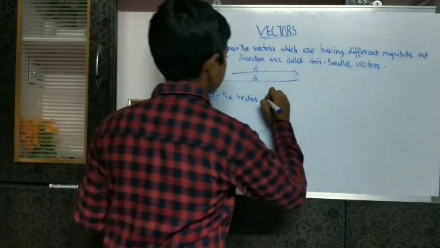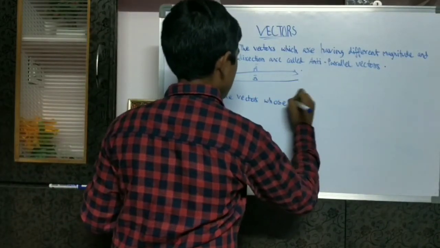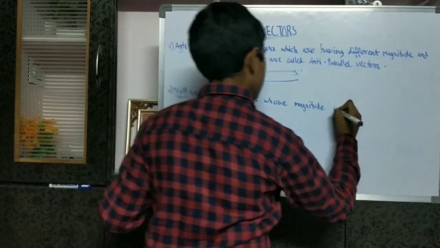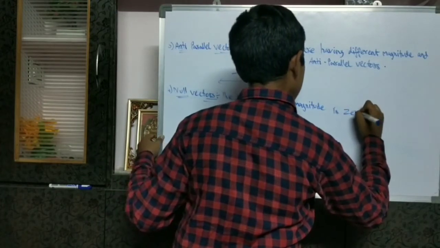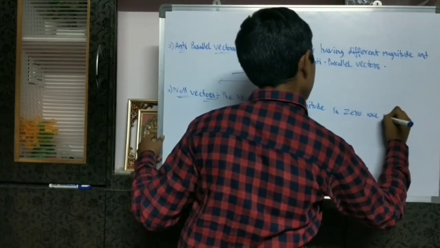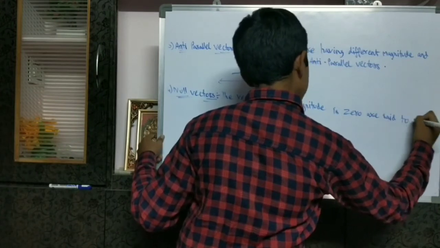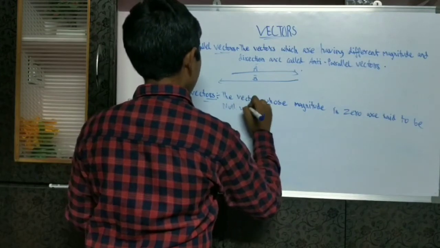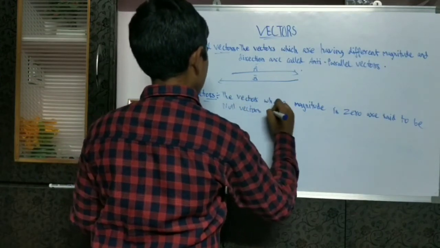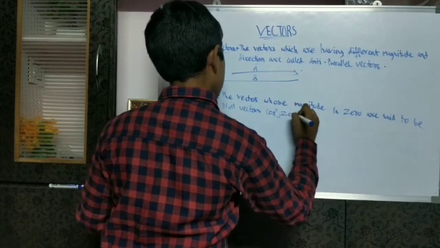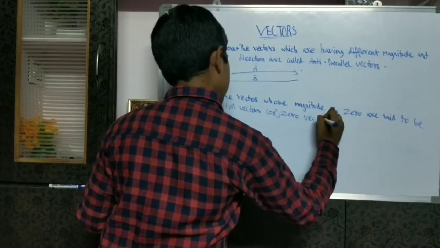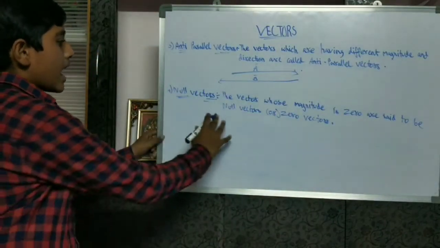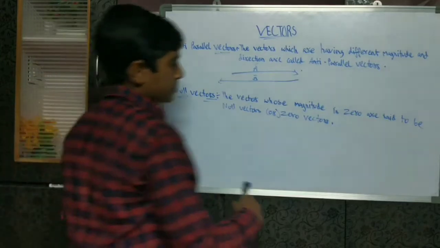The vectors whose magnitude is 0 are said to be null vectors or zero vectors.